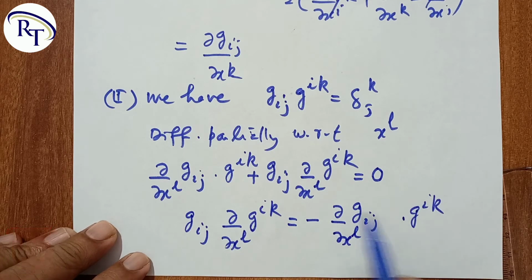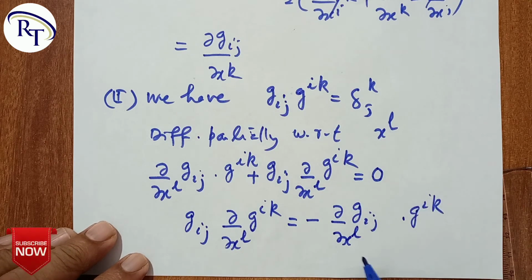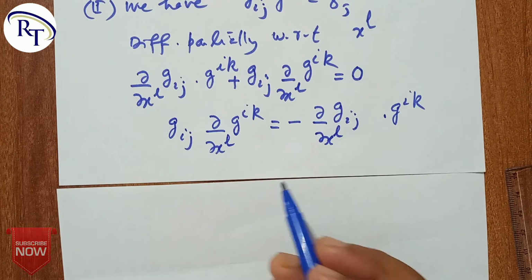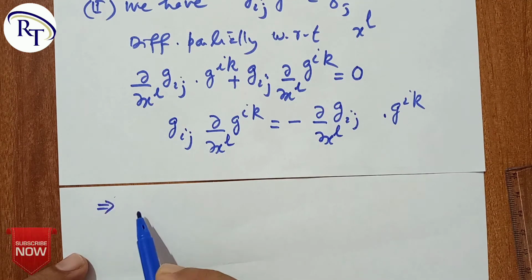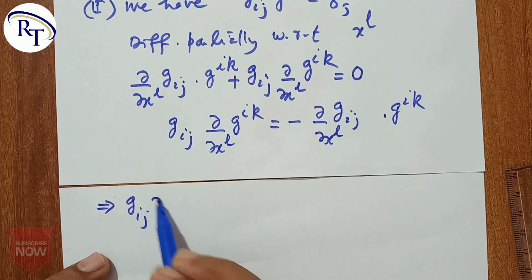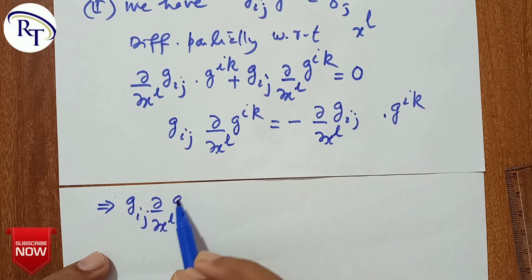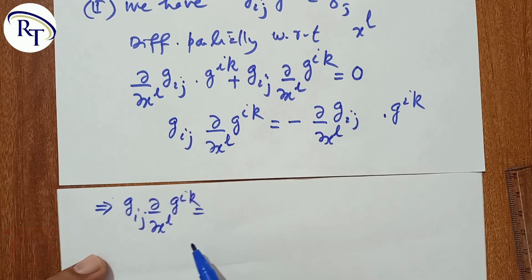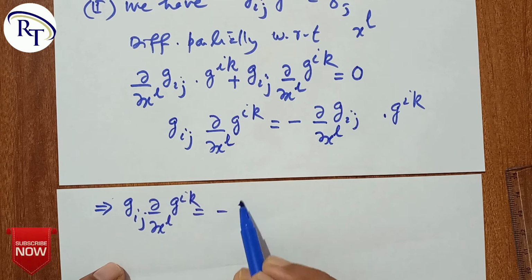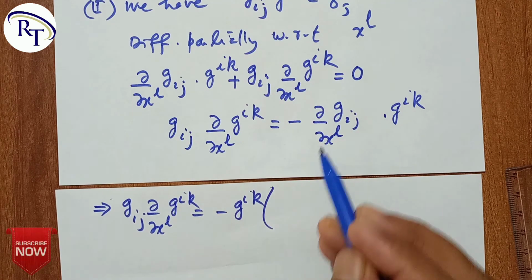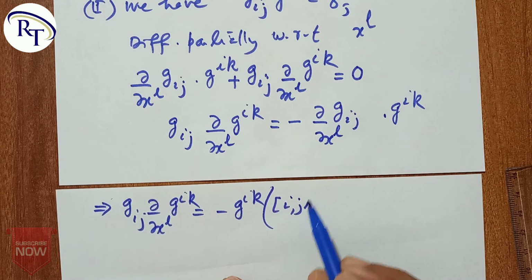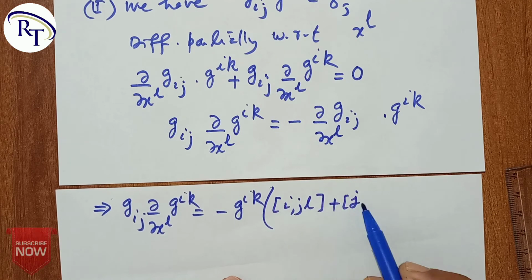Since ∂g_ij/∂x^l is a known value from the first property, we first put in its value and then solve. So g_ij ∂g^ik/∂x^l equals minus g^ik times the value of this, which is [ij,l] plus [jl,i].